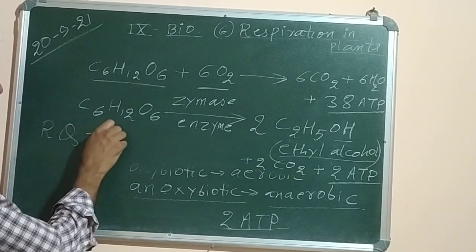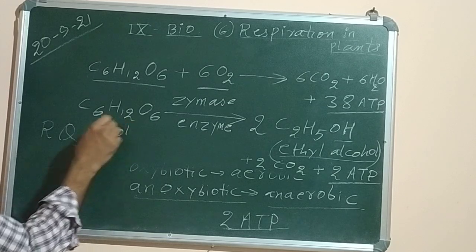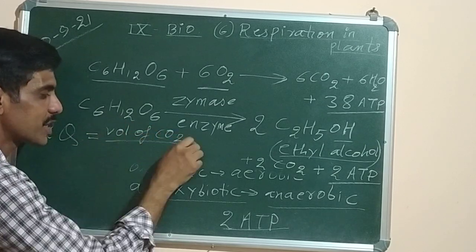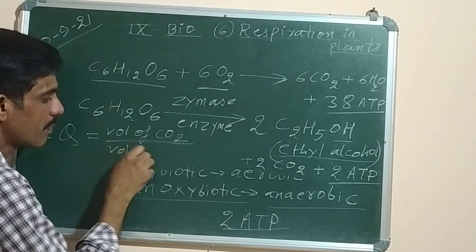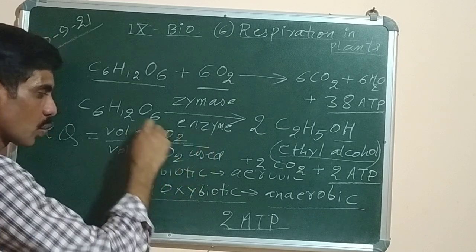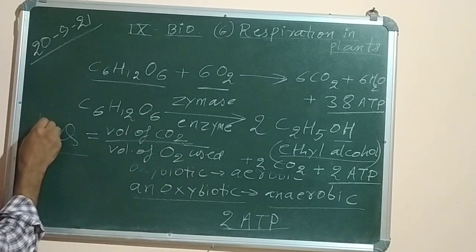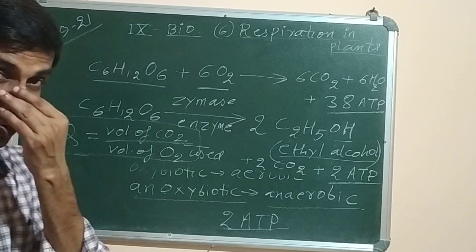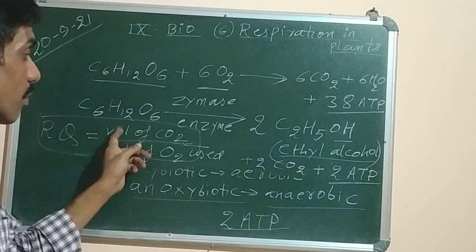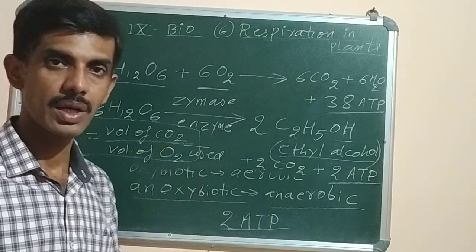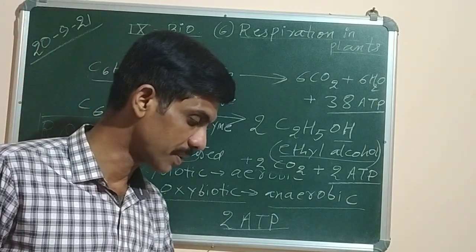It is equal to volume of CO2 produced during respiration divided by volume of oxygen used during respiration. When you get a ratio, that ratio is called respiratory quotient. Got it? It is the ratio of the volume of CO2 produced to the volume of oxygen used during the process of respiration.